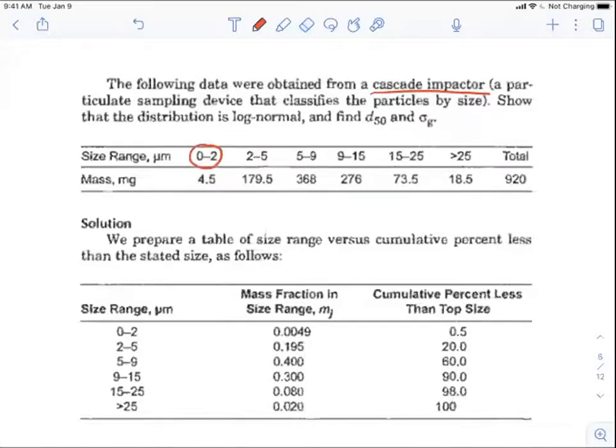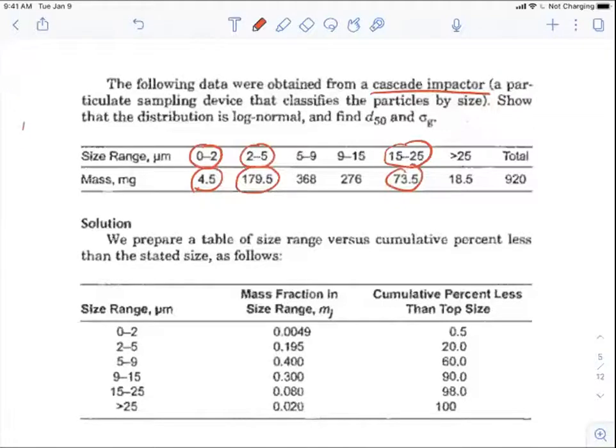We measure the particle mass from 0 to 2 microns, and the mass is 4.5 milligrams. 2 to 5 microns, 179.5. And then 15 to 25 micron, this is 73.5.